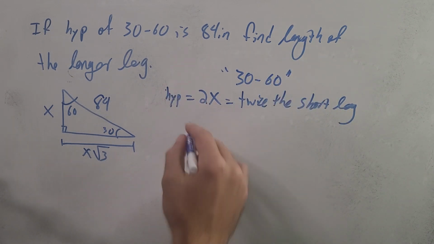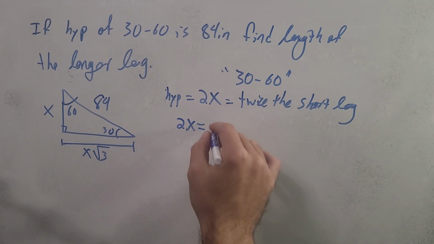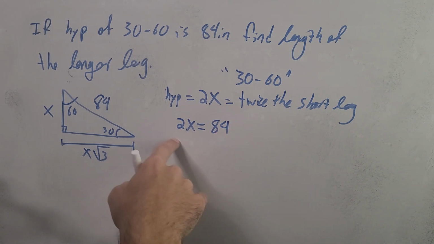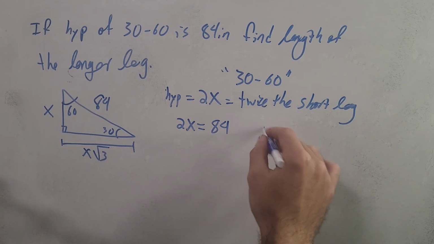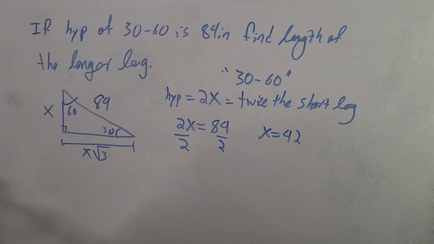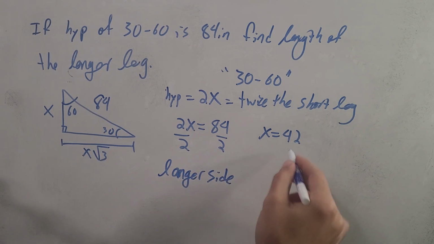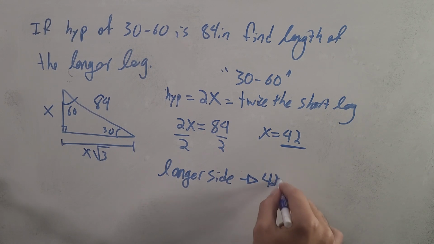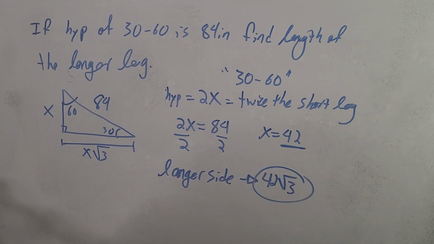So if 2x is equal to 84, right, the hypotenuse is 84, then I know that x is 42. I could do that by dividing both sides by 2. Now that I know x, I can find the length of the longer side really easily. All I have to do is input my value, 42. So we have 42 square roots of 3. And that's it. That's our answer.